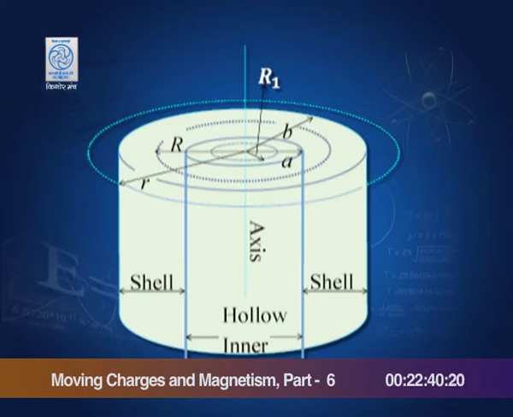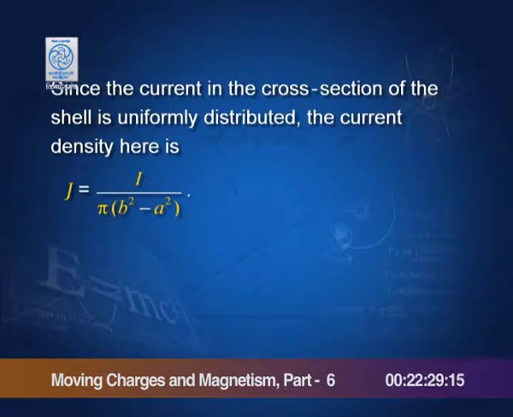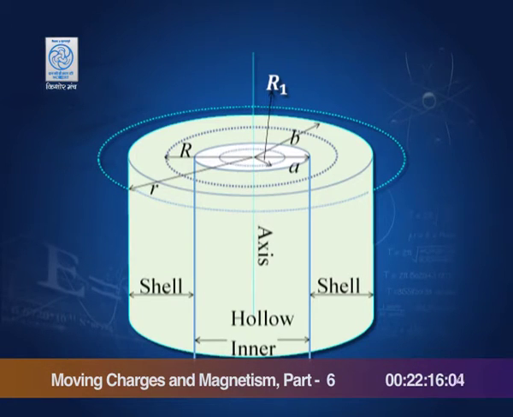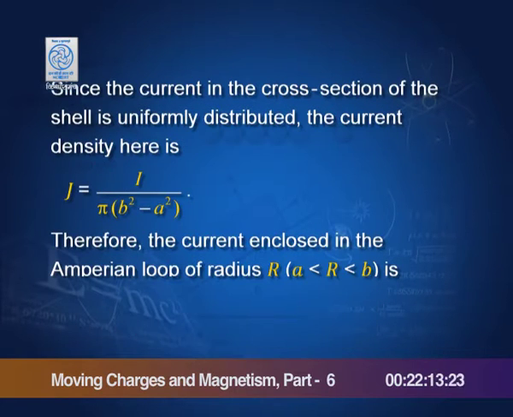Now, I choose the circle of radius r inside the conductor, and first of all the current density would be the total current divided by the area of cross section, which is pi into B squared minus A squared. So, the current density is J equal to I by pi into B squared minus A squared, and therefore, the current inside this circle of radius r is simply pi times r squared minus A squared, that is the area, into J, the current density.